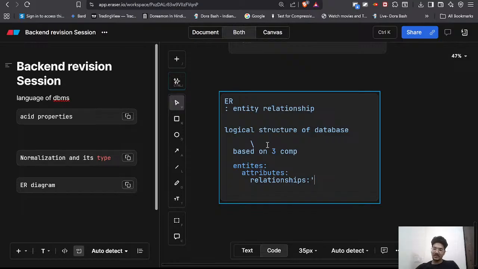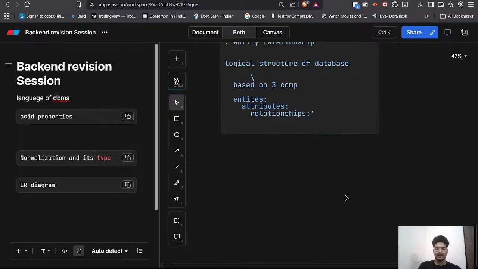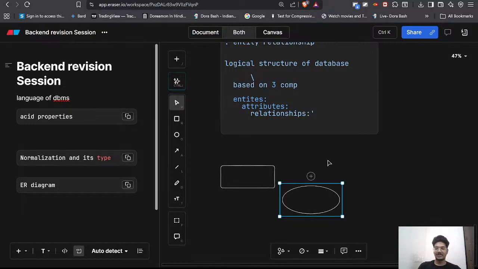Attributes are the properties of that entity. Entities are defined as rectangles and the properties, the attributes, are defined as ellipses. A relationship is denoted by a line or arrow.